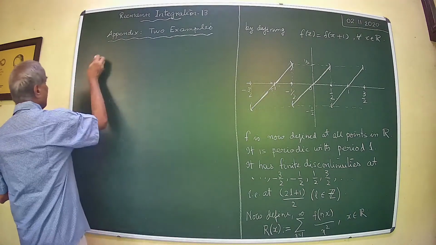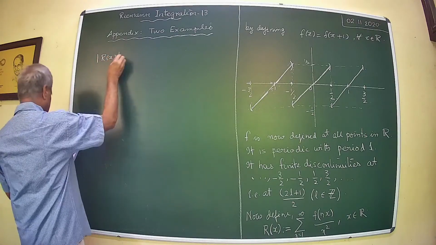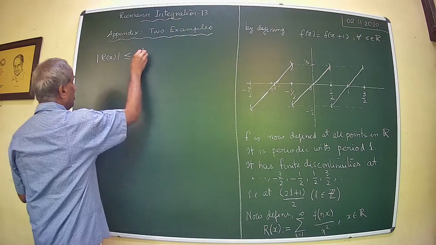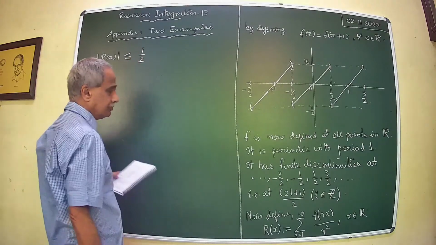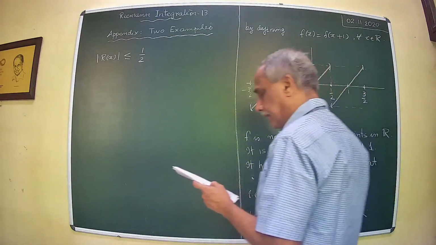Then we observe that modulus of Rx is less than or equal to half of the sum of 1 by n square, since f of nx is bounded by half.